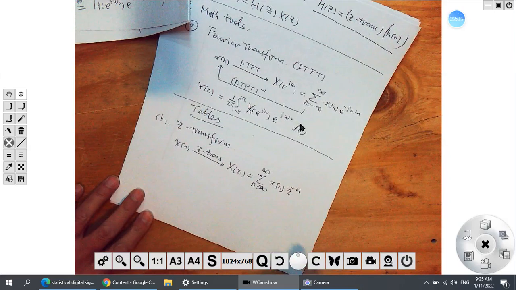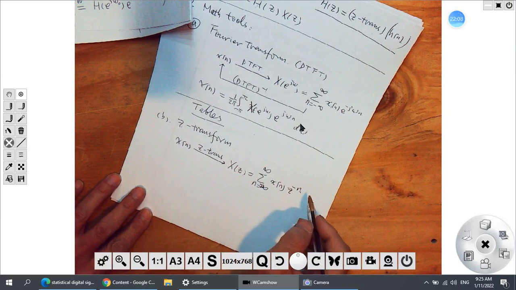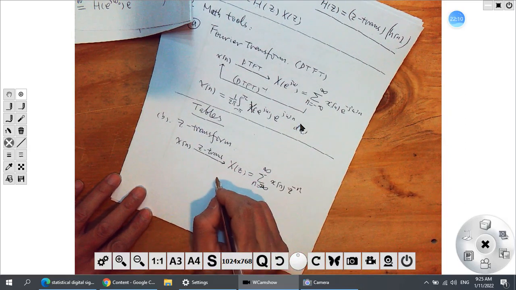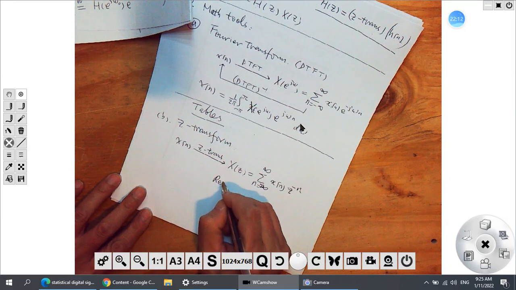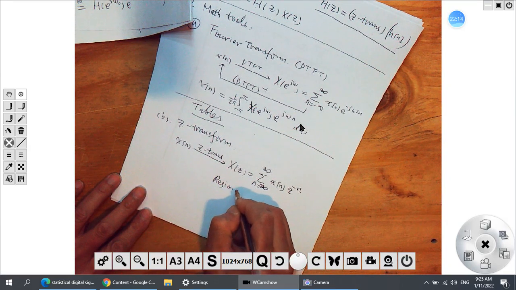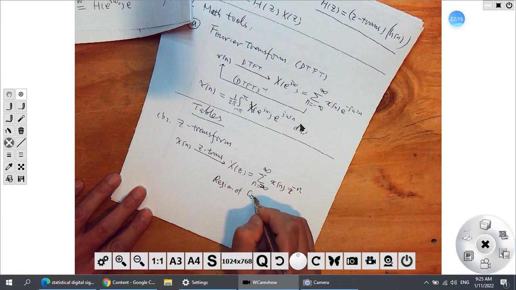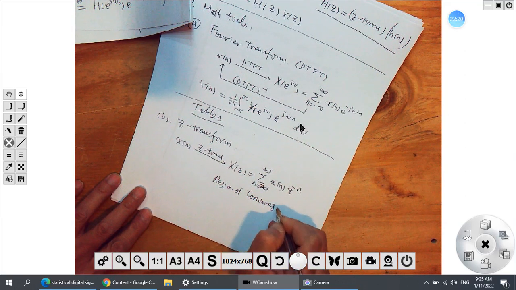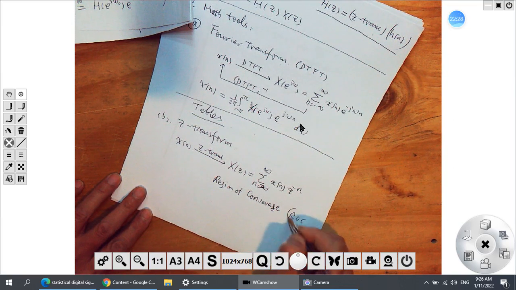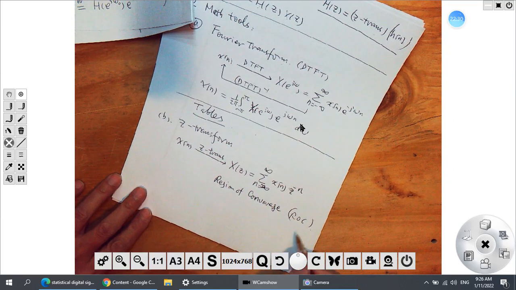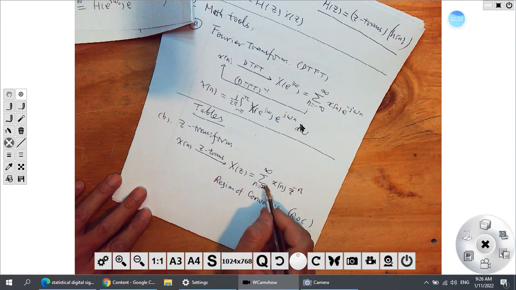And for the Z transform, we have one thing different from the Fourier transform. That is the region of convergence, ROC. We have an ROC because you have infinite terms.